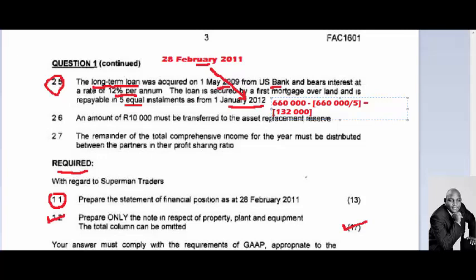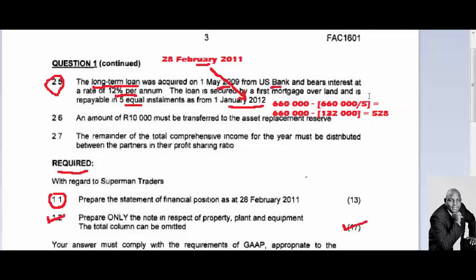And then you say 660 minus 132. For the long term, you get 660 minus 132, which means they have to pay 528. This is the long-term portion of it. It is 528, and then the short-term portion is 132. 660 divided by 5 is 5 equal installments, so you take 1 installment, which is 132. That's the one that needs to be paid within the next 11 months, so that becomes the current loan.